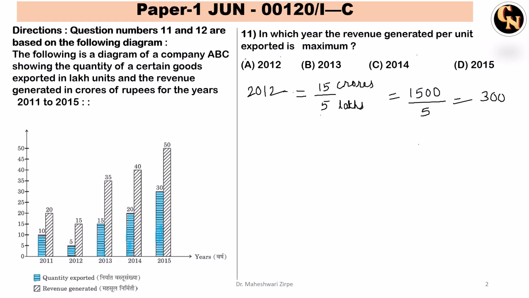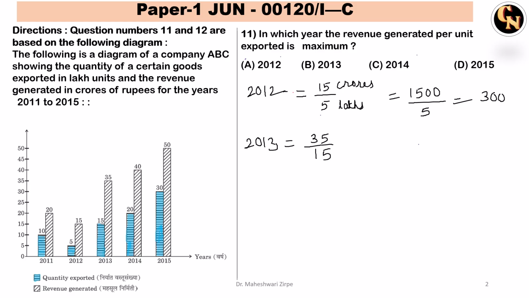300 units. Then similarly we will try for 2013. In 2013, let us see how much the revenue generated is: 35 crores, and the quantity is 15.